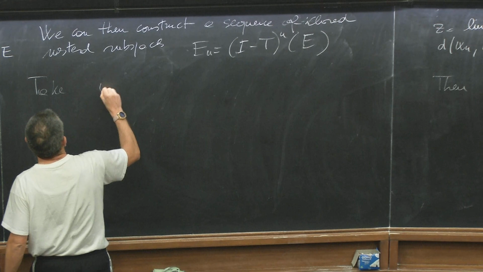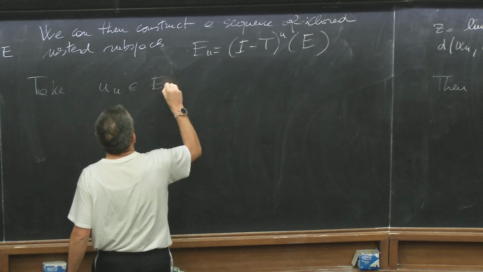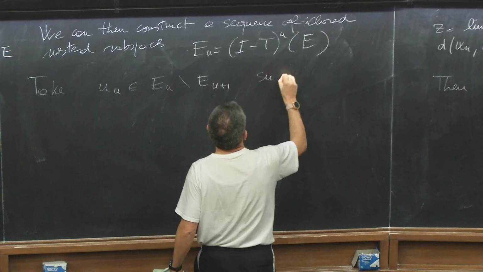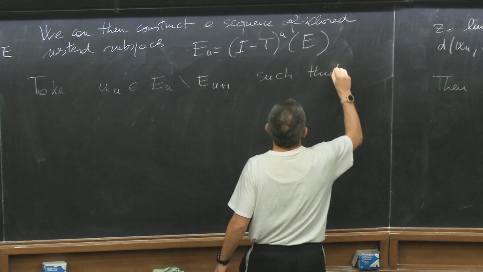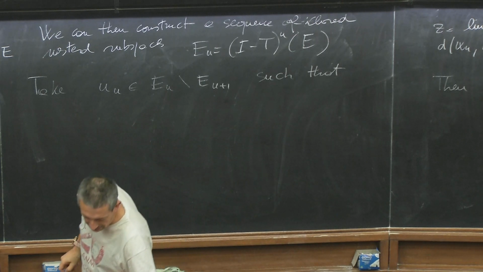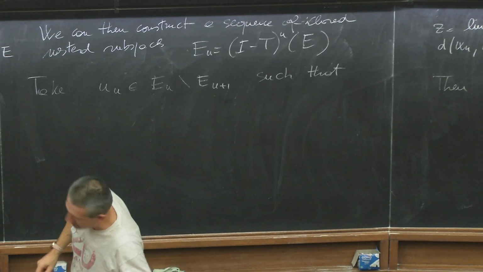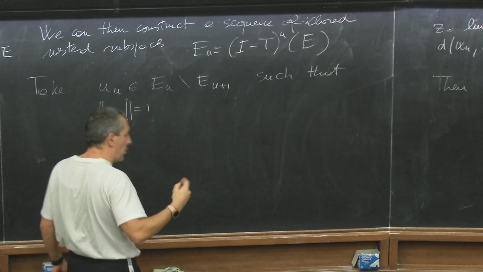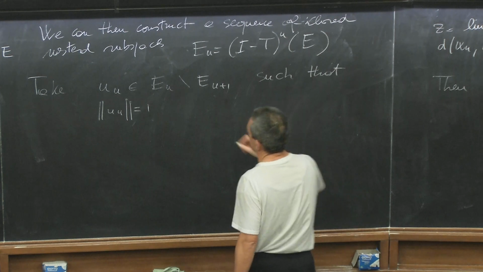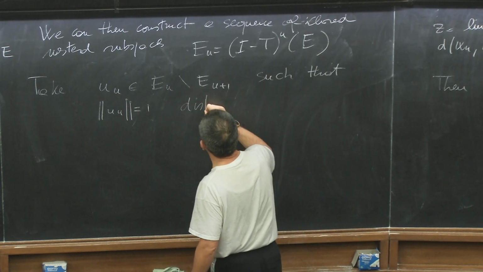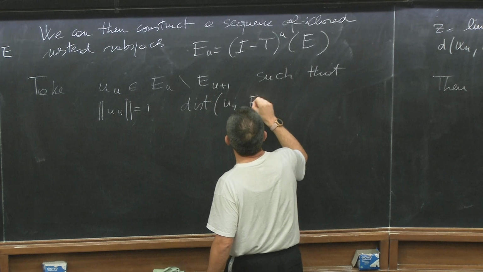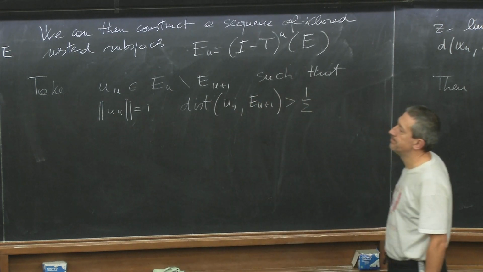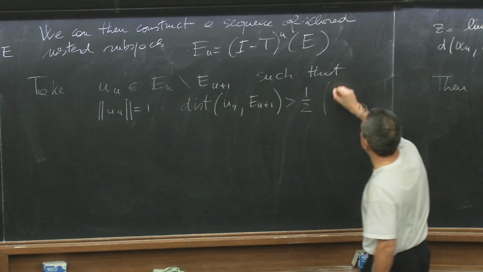Take un belonging to En minus En plus 1 such that the norm of un is equal to 1, and then we know by Riesz's lemma that the distance of un from En plus 1 is greater than 1/2. This is Riesz's lemma.